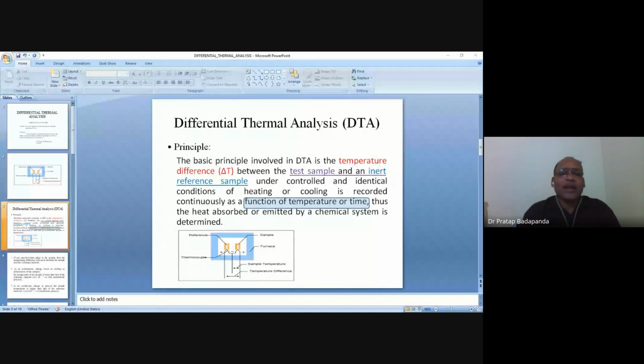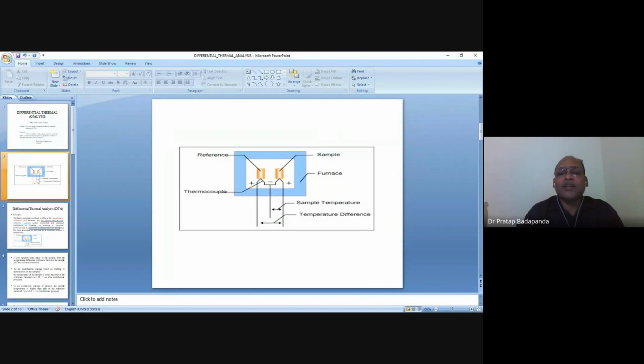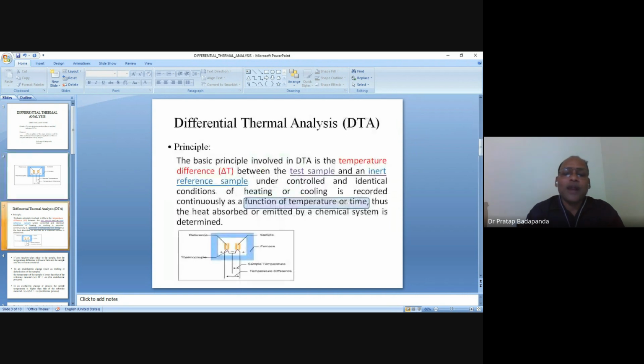Under controlled and identical conditions. As you see, controlled means, if you go to the previous slide, this is the furnace control. Thermocouple means its temperature should be controlled, right? And here the condition of heating or cooling is recorded.